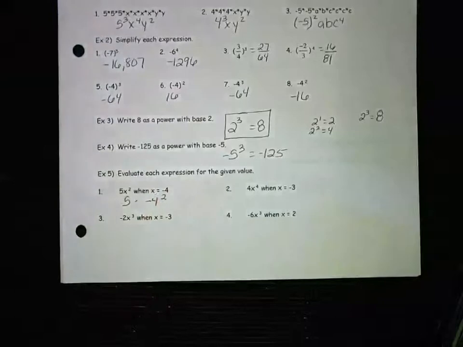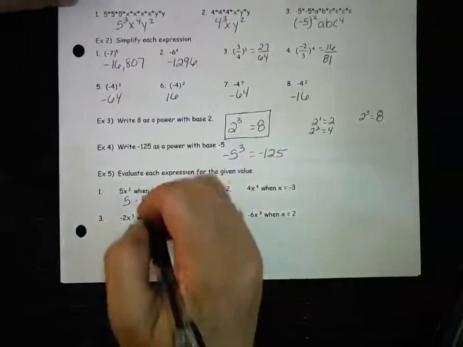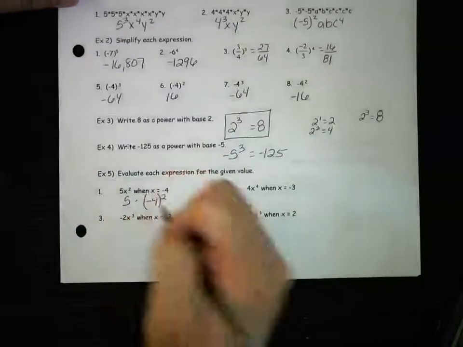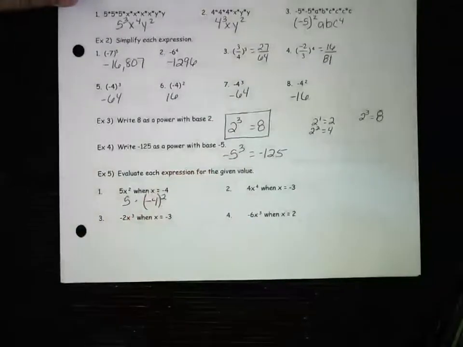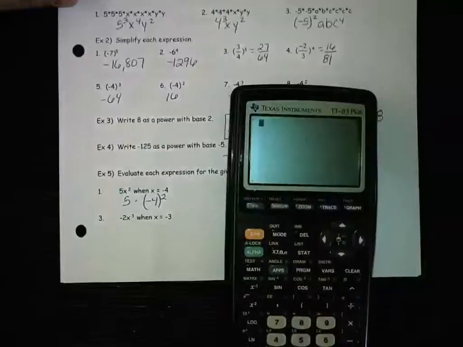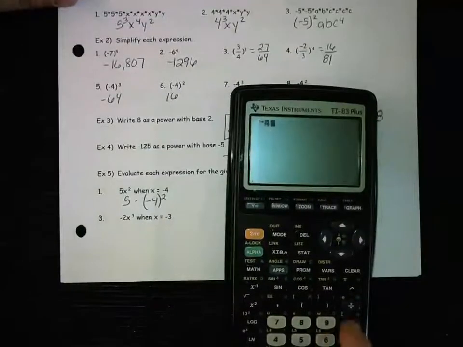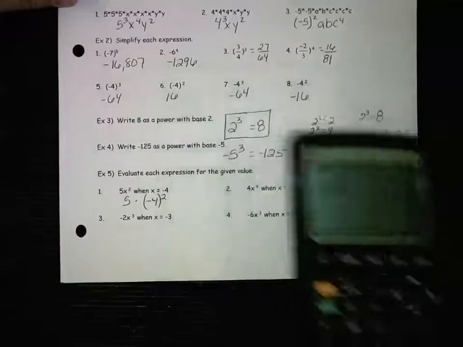But there's something wrong with that. We want to multiply -4 times -4. So when you enter that in your calculator, you need those parentheses. Negative 4 times negative 4 is 16, times 5 is 80.